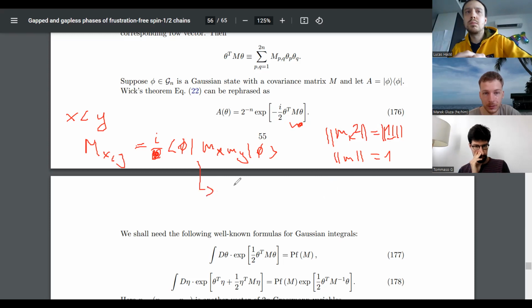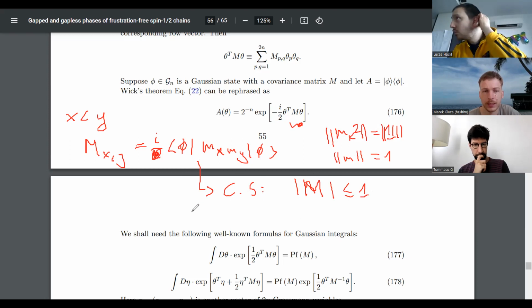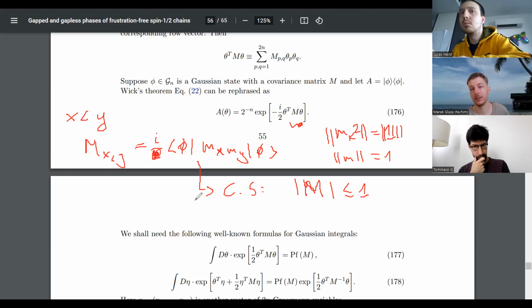So by Cauchy-Schwarz, we have that the entries of M should be smaller or equal than 1, but it's actually stronger if you start diagonalizing it and putting it into the normal form that I was mentioning, that I didn't develop. If we make another thematic session for Gaussian operations, then we will have time to develop this.